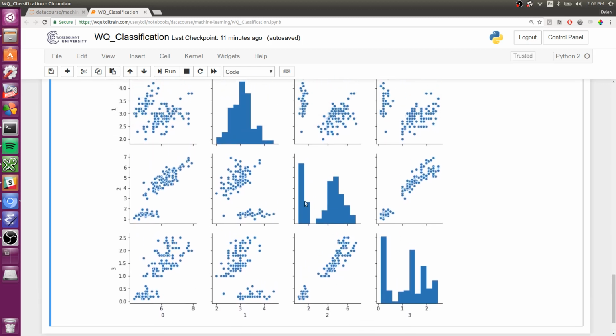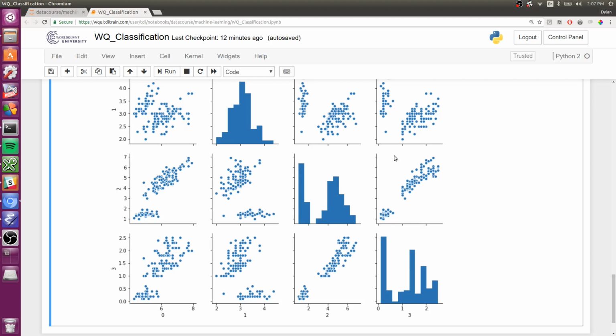Feature 2 does have a bit of that. So if you imagine looking only at feature 2 and collapsing all the points onto this axis, there's a gap here, which we see reflected in the histogram. There's a gap. So feature 2 already seems to distinguish somehow between some group of flowers and another group of flowers.